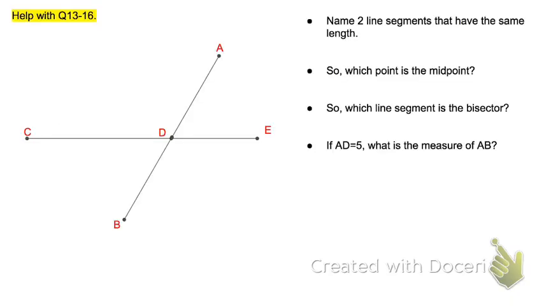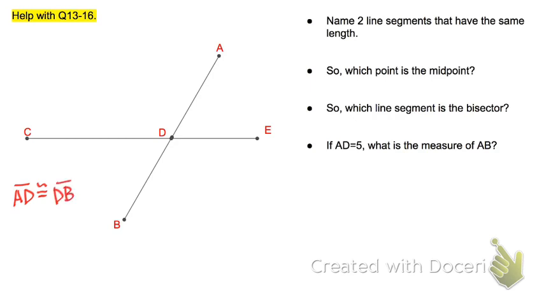All right, this is going to help you with questions 13 through 16. This is what the picture looks like, or it's similar to this, except it also gives you another piece of information. It says in small print that one segment, in this case AD, is congruent to another line segment, EB.